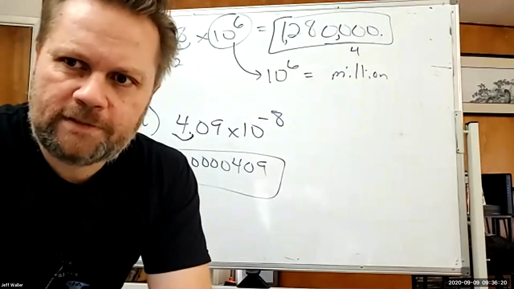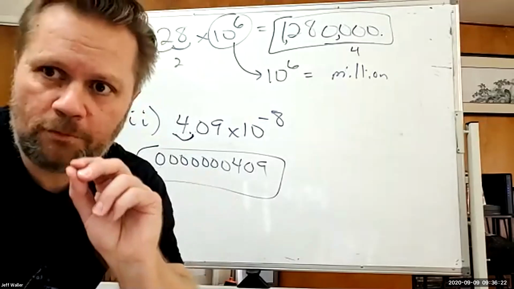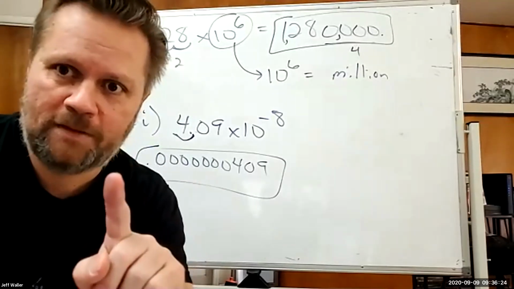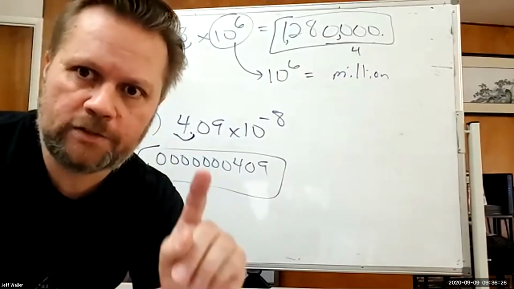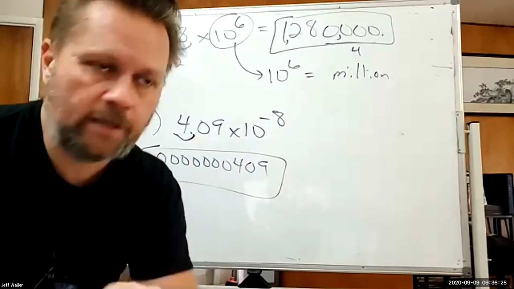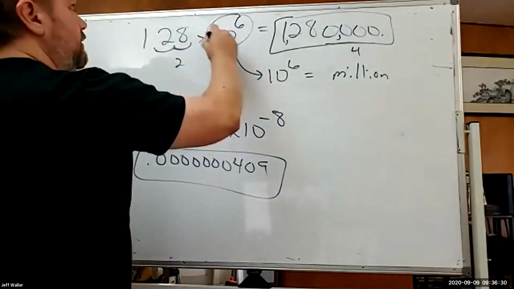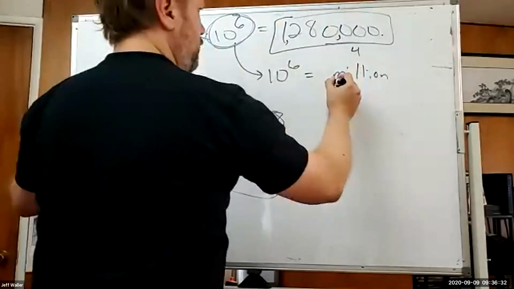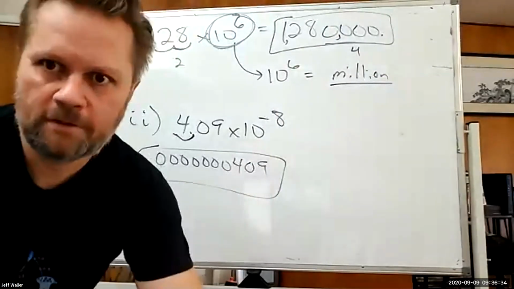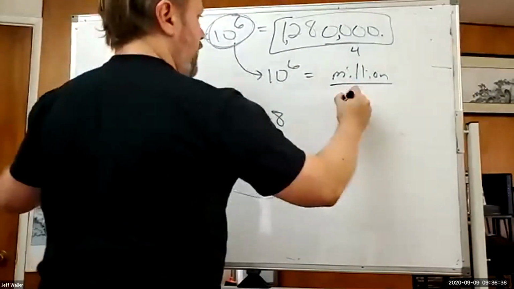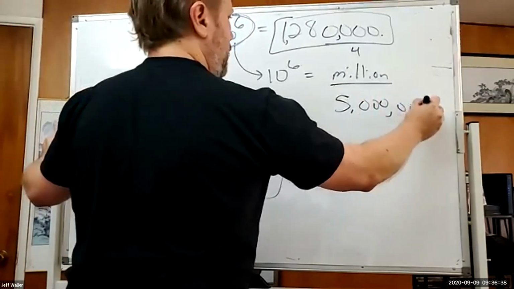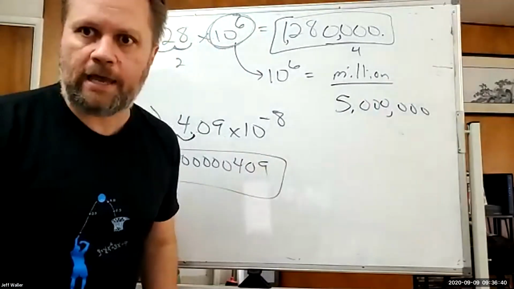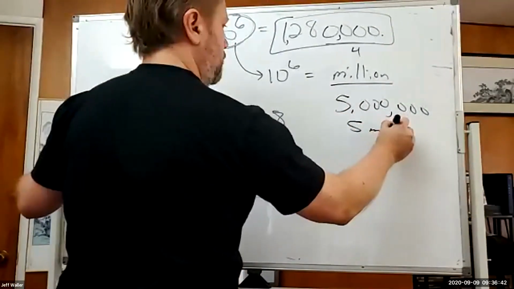So in finances, what we just figured out is English does what math does in a different way. Math uses 10 to the 6th, and English uses the word million. In English, I could write 5 million like this, or I could write it like this.